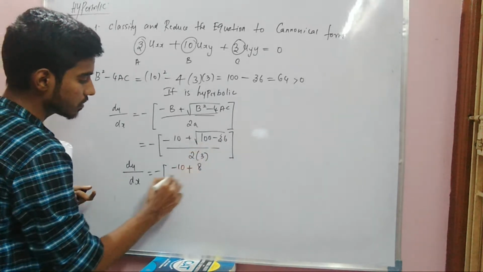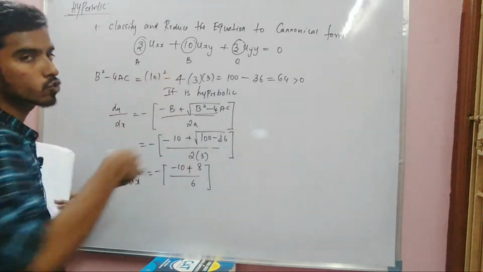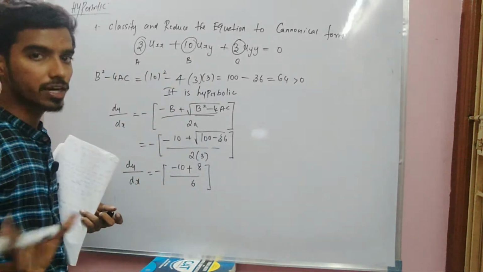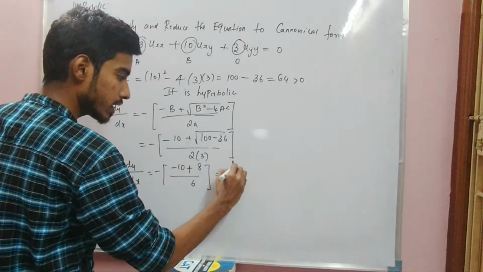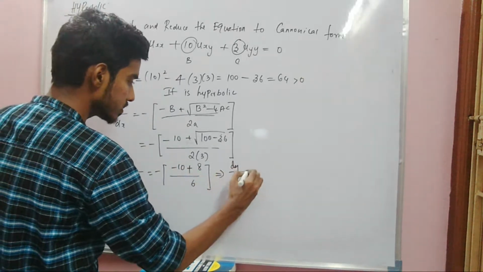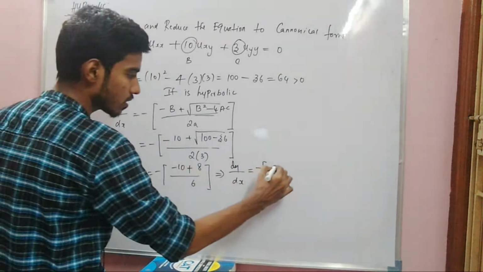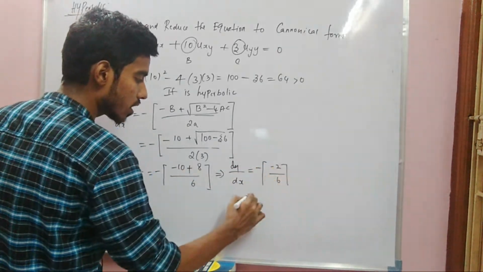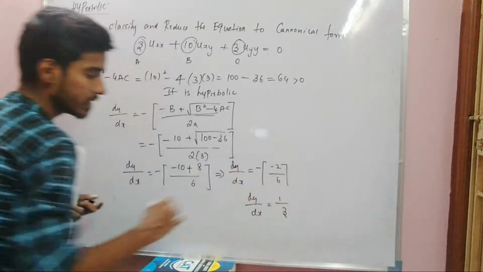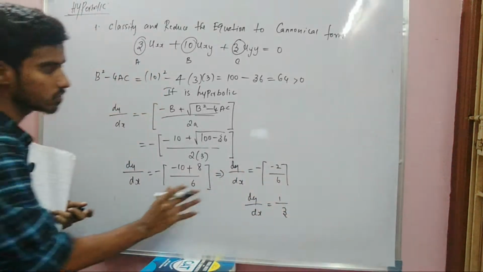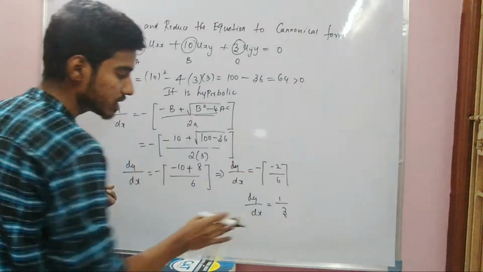So 8 by 6. So here either we can have a, b, c to be constants or they can also be functions, right? So here we have constants. So we have dy by dx is equal to minus of minus 10 plus 8, minus 2 by 6, or dy by dx is equal to 1 by 3, right? So we will keep this as it is. Now what we will do is we will just integrate this, right?